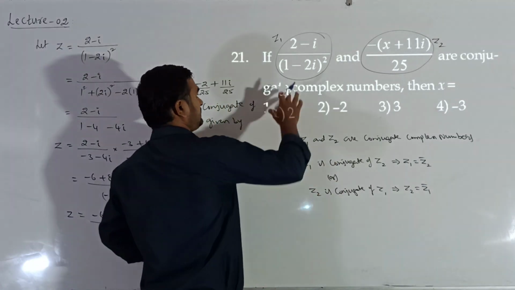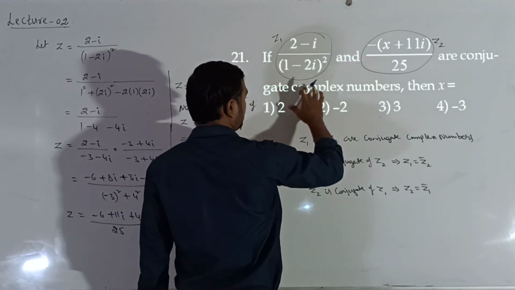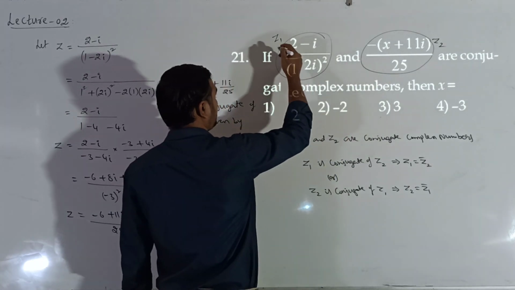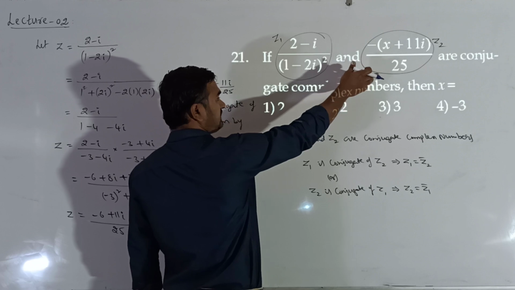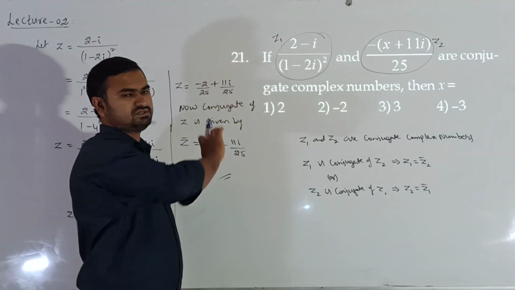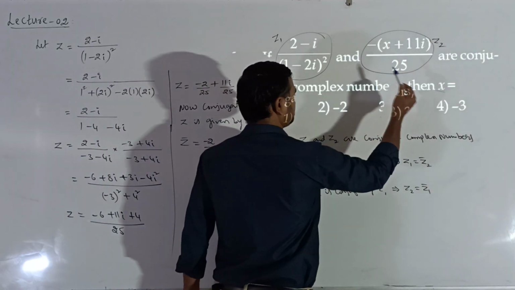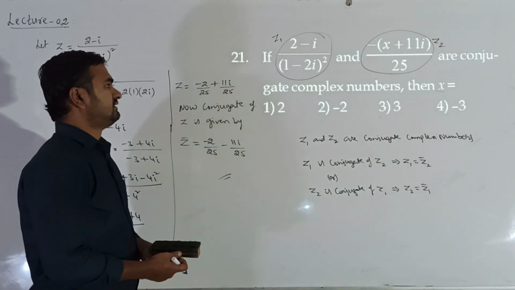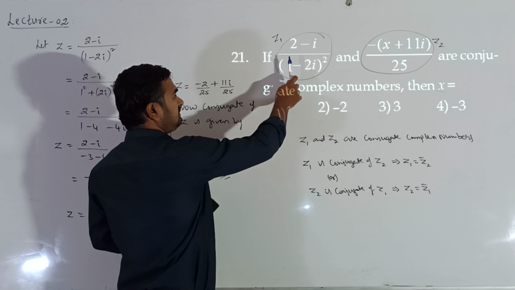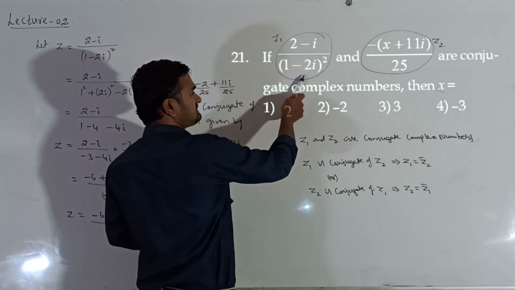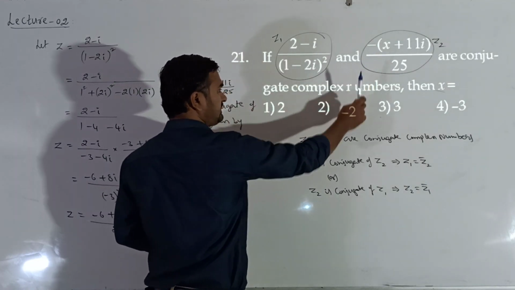So here this is one complex number, this is another given, they are conjugate complex numbers. So I will equate z1 equal to z2 bar or z2 equal to z1 bar. By solving that we can find the x value. Understand?